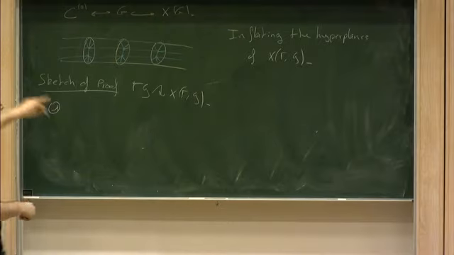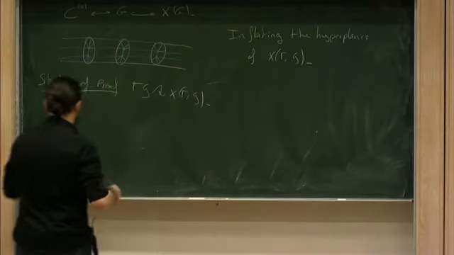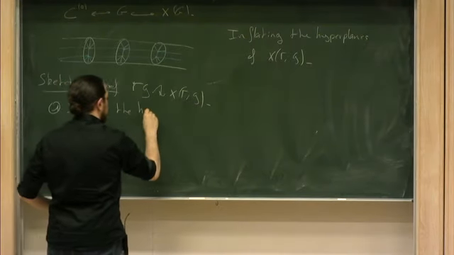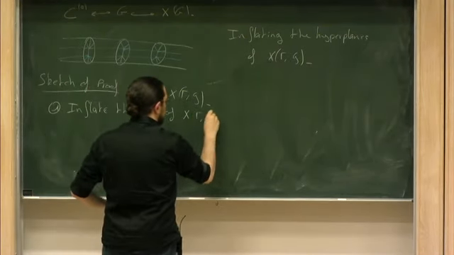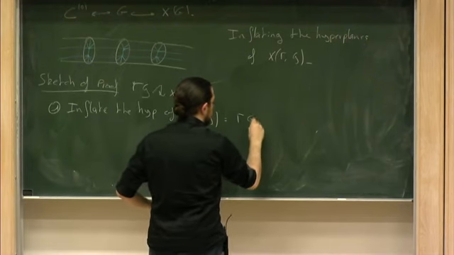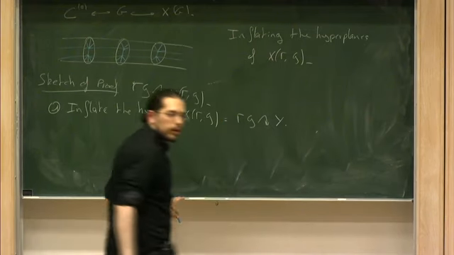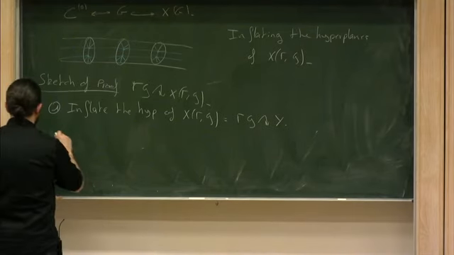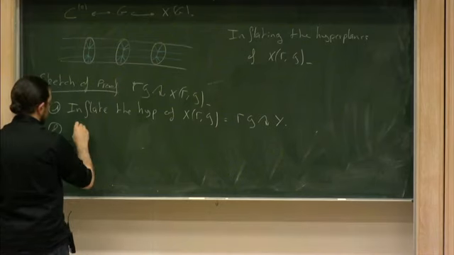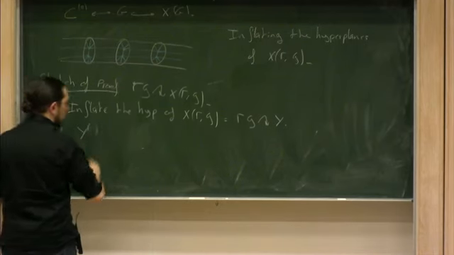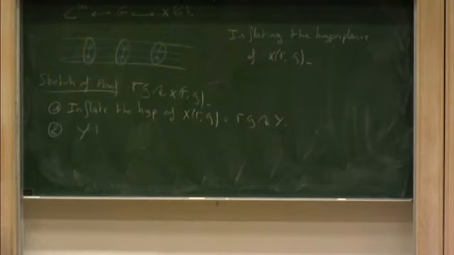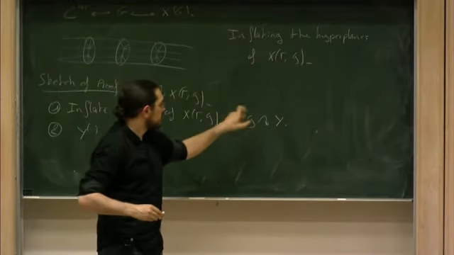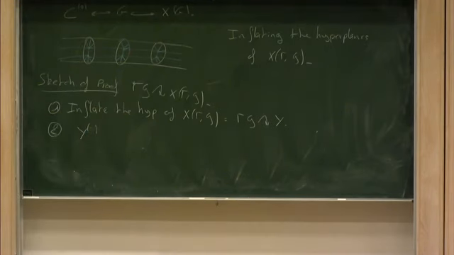So I use this action to inflate the hyperplanes of X(Gamma G), and you get an action of Gamma G on a new quasi-median graph Y. Okay, now the second step is to define a metric on the set of vertices of Y. So in fact the goal will be to define a CAT(0) metric on this space and to check that this action will be geometric. Okay, that's all.